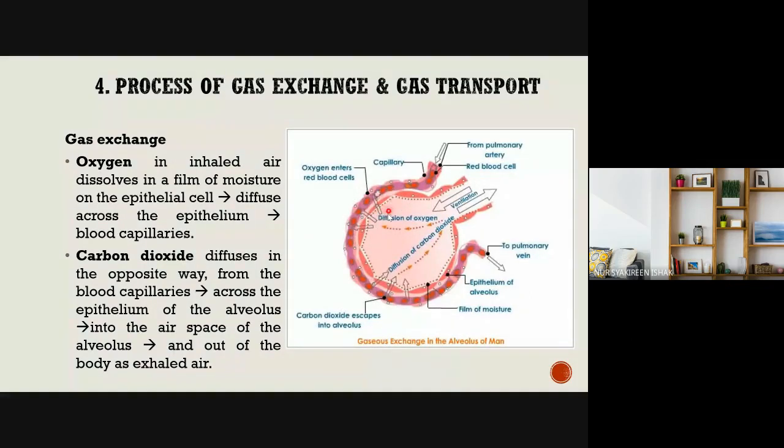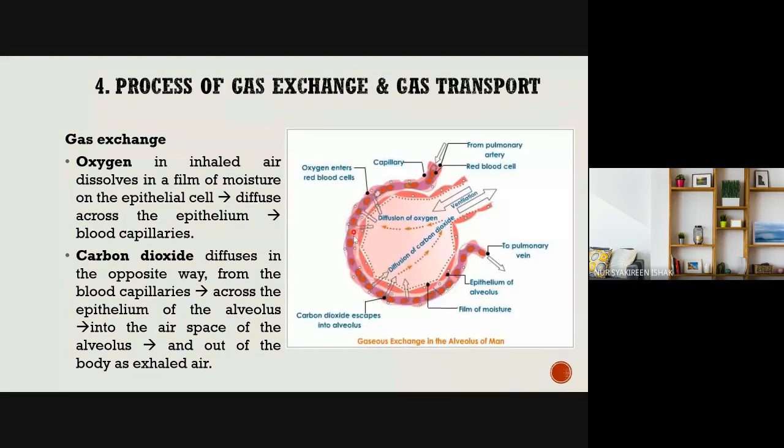So it diffuses across the wall of the alveolus, which is one cell thick, and across the wall of the blood capillaries, which is also one cell thick, before it enters into your blood cell. Okay, within your blood cell you have pigments. We call it as hemoglobin. So the oxygen will bind to the hemoglobin, forming oxyhemoglobin.